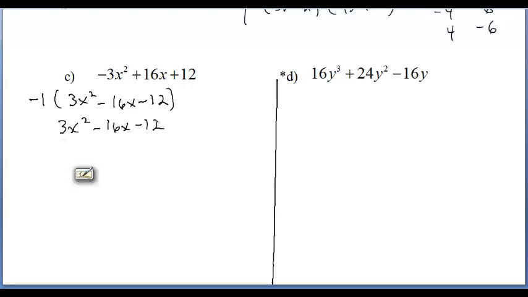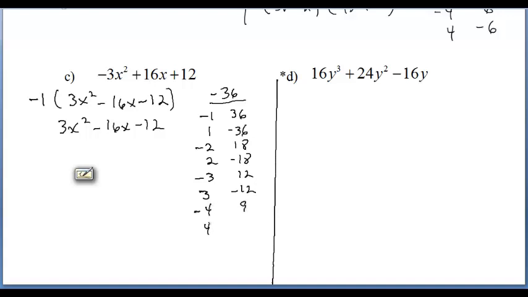I'm going to multiply my a times my c, so 3 times negative 12 is negative 36. And I'm going to write down all my factors of negative 36. So I'm looking for the pair that adds to a negative 16.